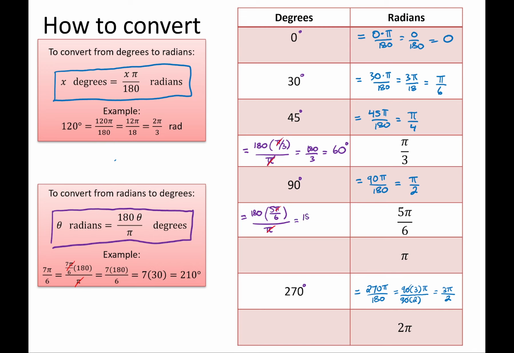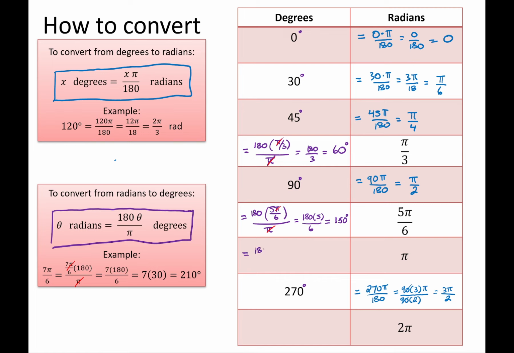So we have 180 times 5 all over 6. It's definitely smarter to divide by 6 before you multiply by 5. 180 divided by 6 is 30. And then 30 times 5 is 150. So 150 degrees.